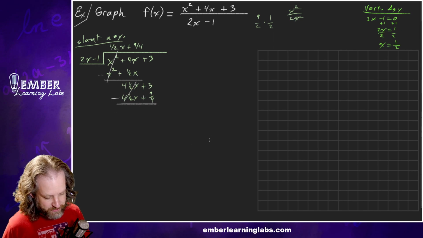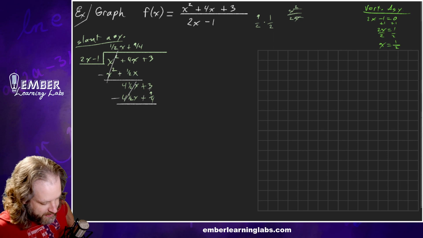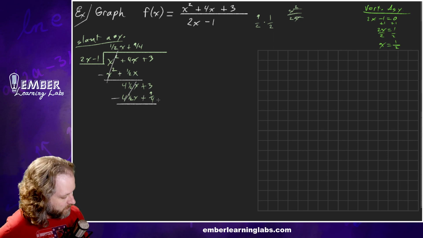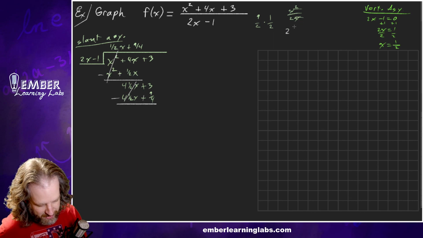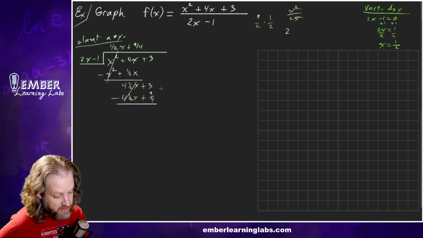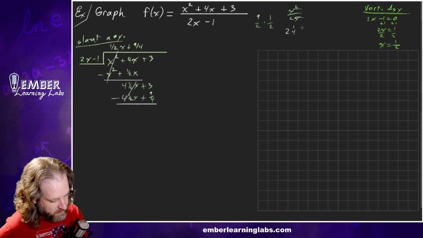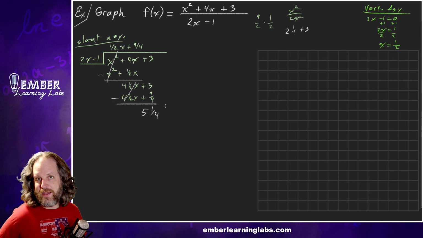That one cancels. 3 plus 9 fourths, which is 2 1/4 plus 3, is 5 1/4. We don't care because we don't care about the remainder.